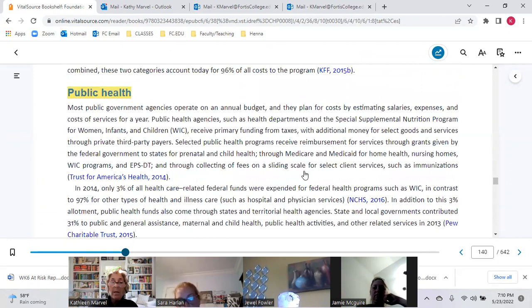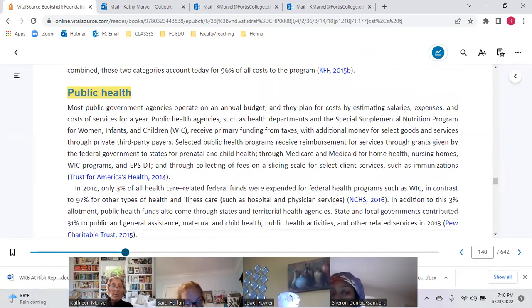Okay. And public health is another financing option. So most public government agencies have an annual budget. Okay, these are your local public health departments, right? Public health agencies will supplement the WIC program.